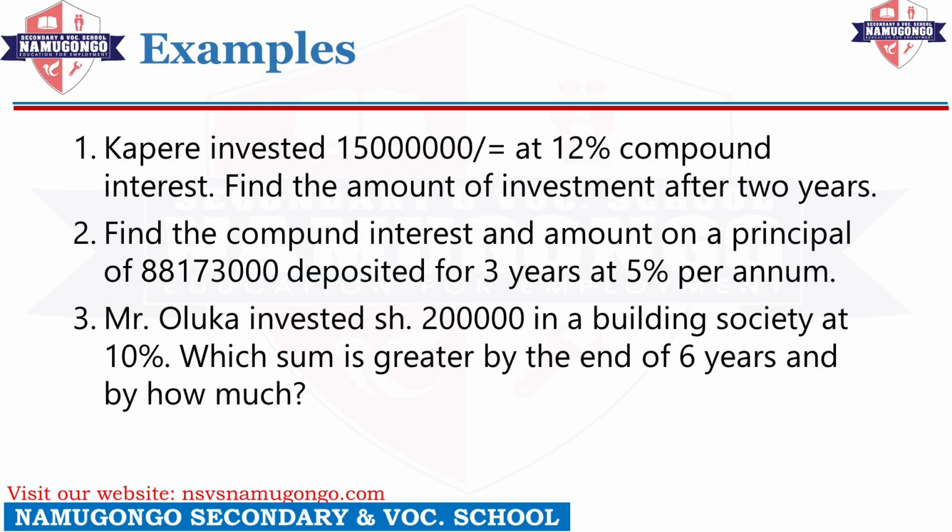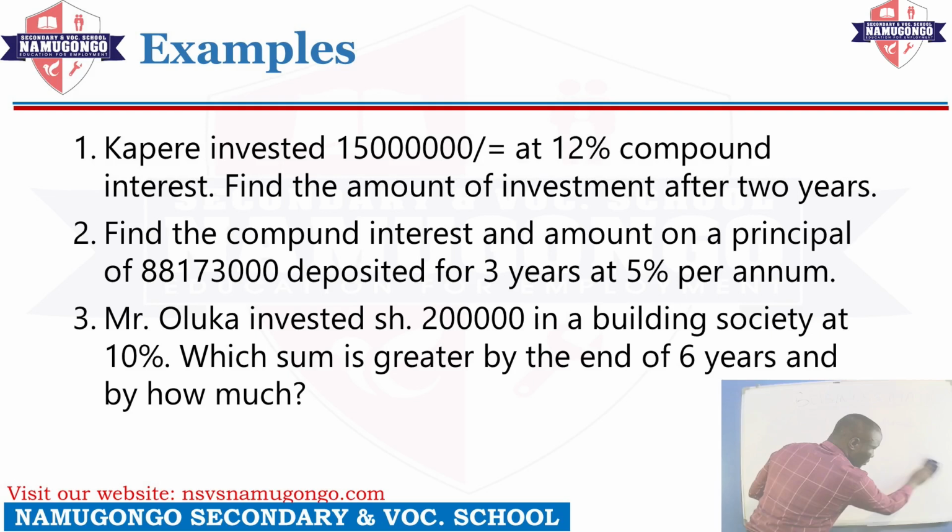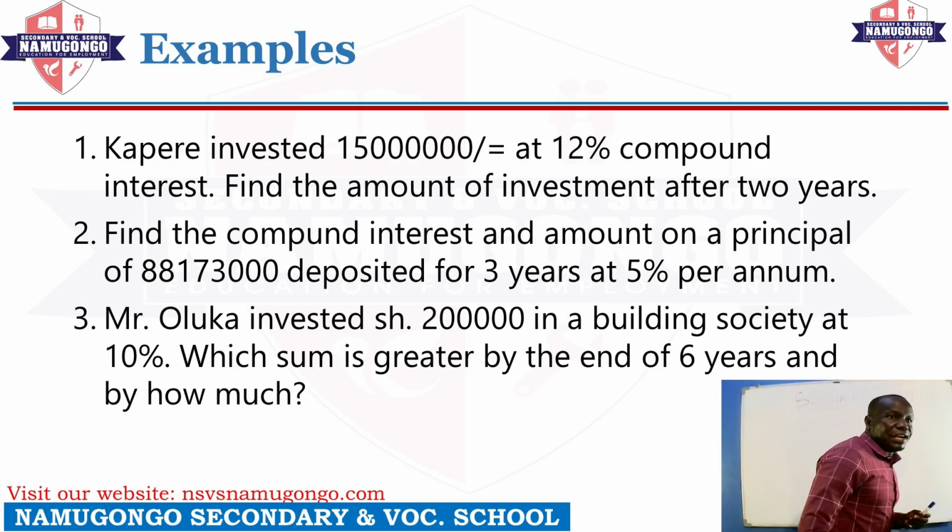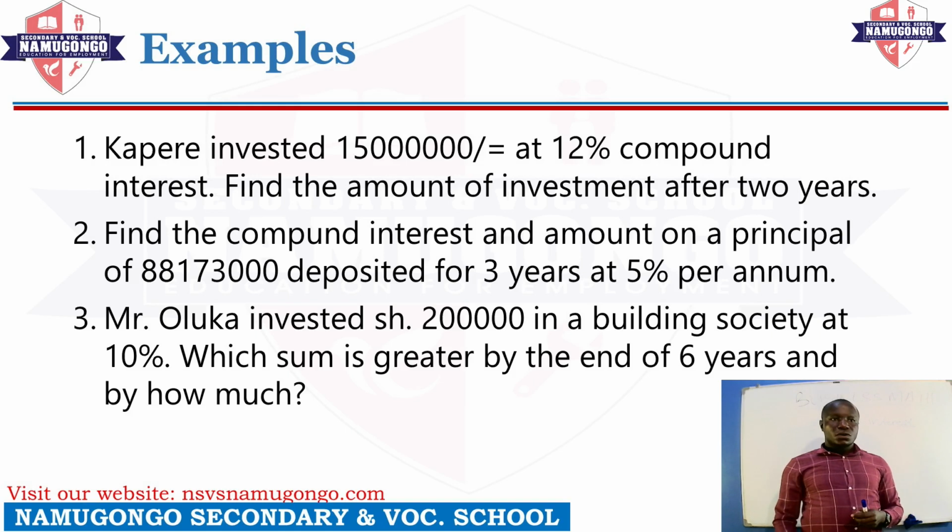So our second example says, find the compound interest and the amount on a principal of 88,173,000 shillings deposited for 3 years at 5% per annum.